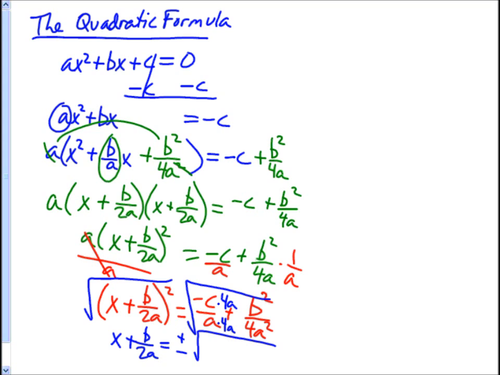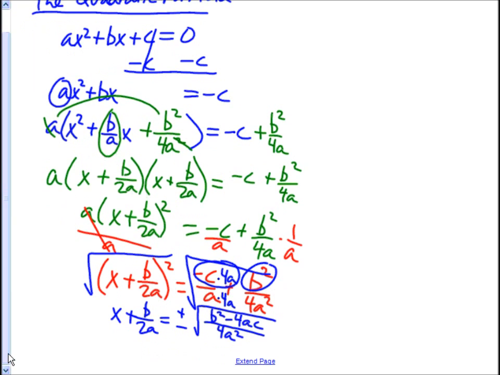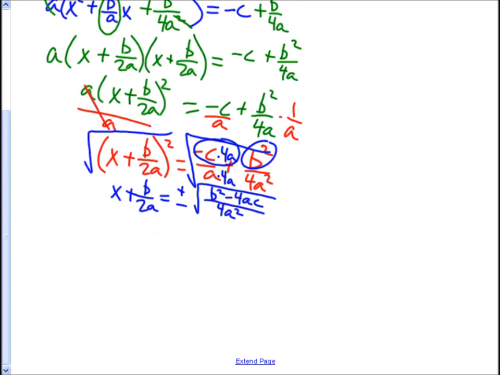So you see how I have negative 4ac right there, plus this b squared, and I'm going to write that the other way around. b squared minus 4ac all over this 4a squared. Okay, let me move this down a little bit, extend this page. So I get the square root of b squared minus 4ac, all over 4a squared on that right hand side.